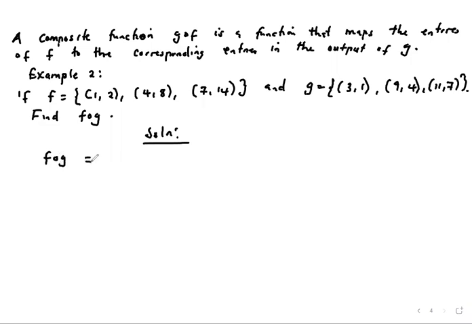F of G would be f with G inside. Meaning, we go to G and get 3, get 9, get 11.